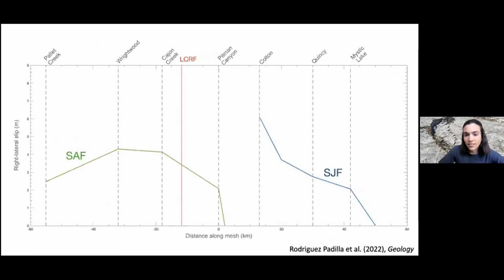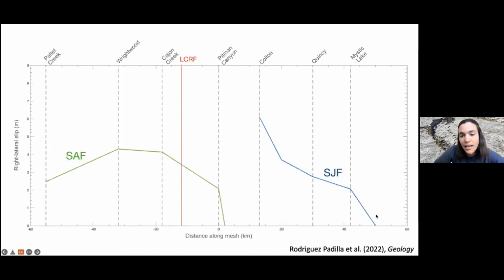Okay, so starting with 1812. This plot is a little bit complicated, but on the y-axis, I have right lateral slip. On the x-axis, I have distance along the mesh, and both faults are on the same x-axis. In green, I have the distribution of the slip on the San Andreas fault. The location of the LCRF is shown in red.